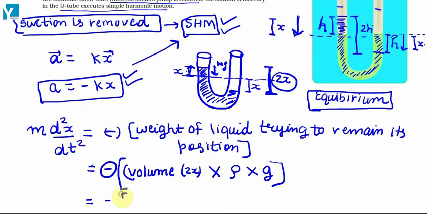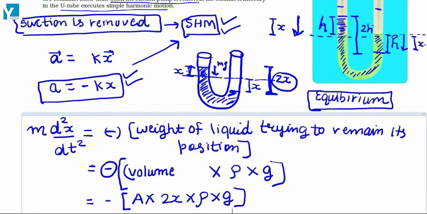Further, I can write volume as area of cross section. I can rub out this 2x because I had written it only to show that we are taking only that volume of liquid that is in length 2x. So volume is area of cross section of the tube into length, which is 2x. I removed it just to avoid confusion. So I can write further rho into g.